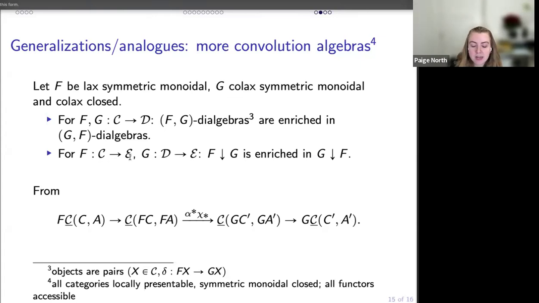Now we're looking at functors that don't have to be parallel, but should have the same codomain: two functors f and g, both into E. And now we find, for the same reason, that the comma category of f over g is enriched in the comma category of g over f.